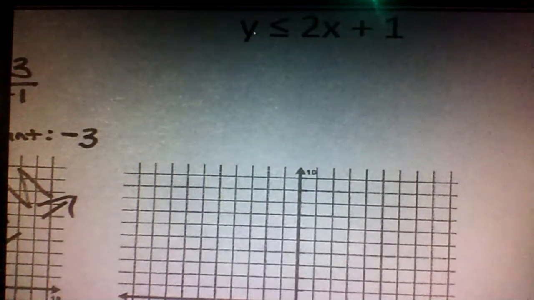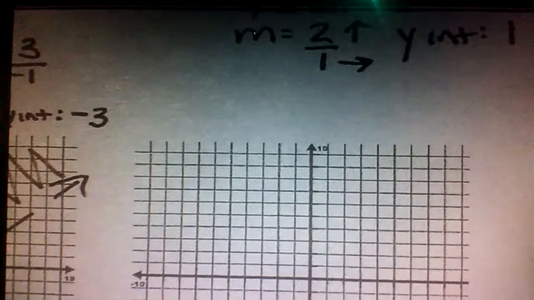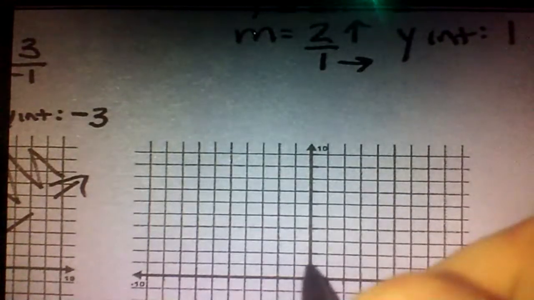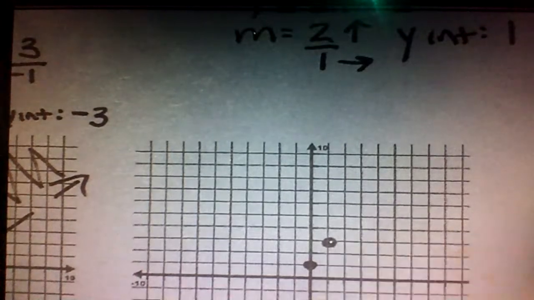All right, this one. It's already done for us. What's the slope here? 2/1, which means up and to the right. And what's my y-intercept? 1. So, +1, up 2/1.